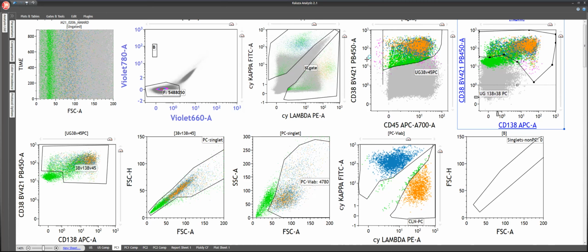Just readjusting because some of the cells have gone out of our gate. The initial gate is... this is a jump. It's coming from the gate.